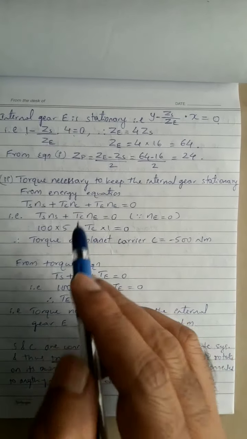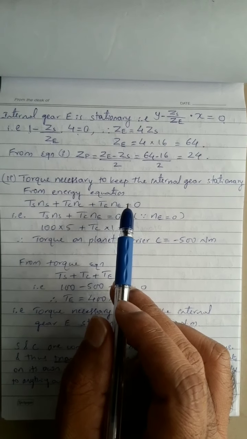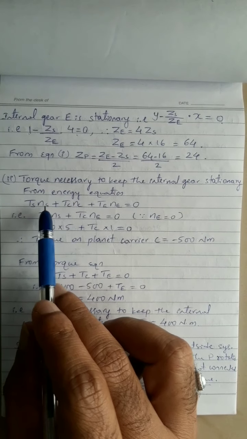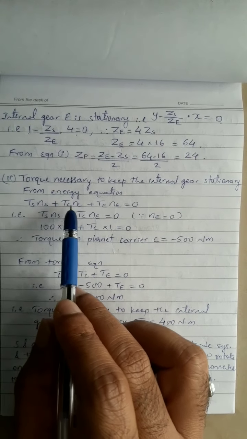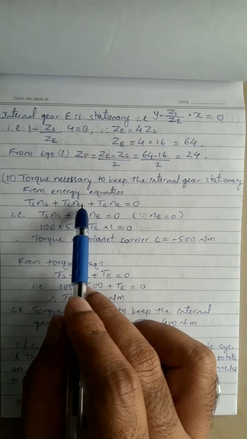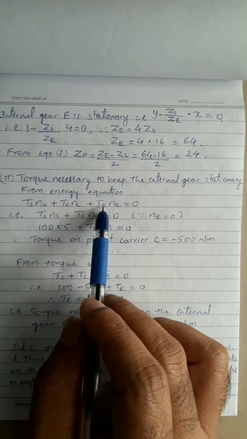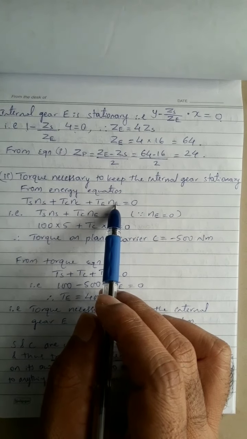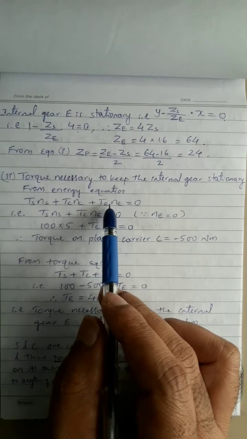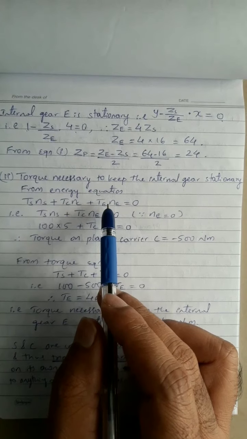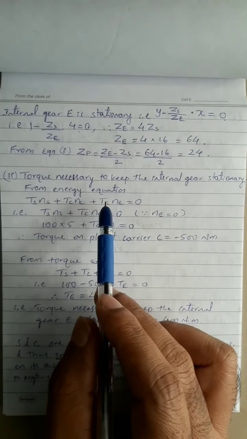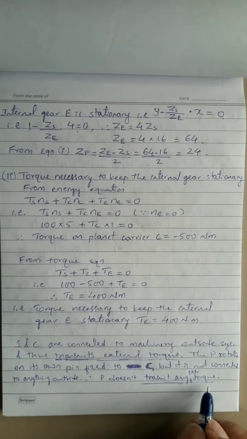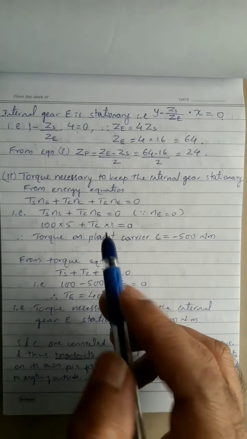Therefore, from the energy equation, we can write the product of torque into the speed of the sun wheel, the product of torque into the speed of the planet carrier C, and the product of torque into the speed of wheel E. And here we have not considered the planet wheel P since it is not transmitting any external torque.